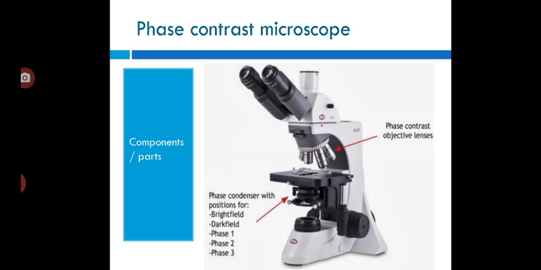Poor light absorption results in extremely small differences in the intensity distribution in the image. This makes the cell barely or not at all visible in a bright field microscope. A light microscope can be converted into a phase contrast microscope by using a special condenser and objective lens.